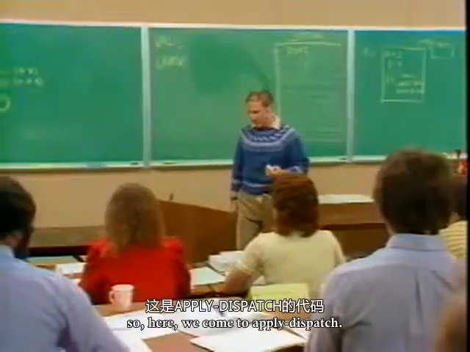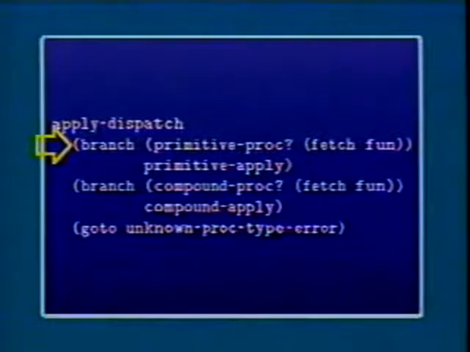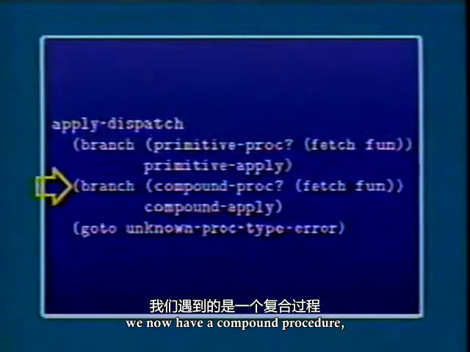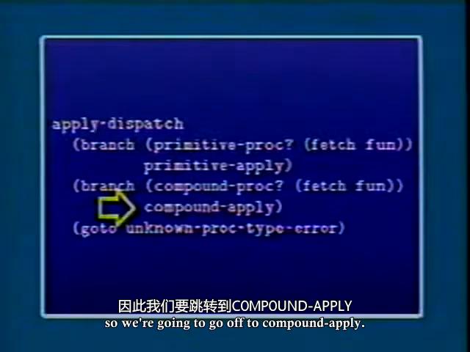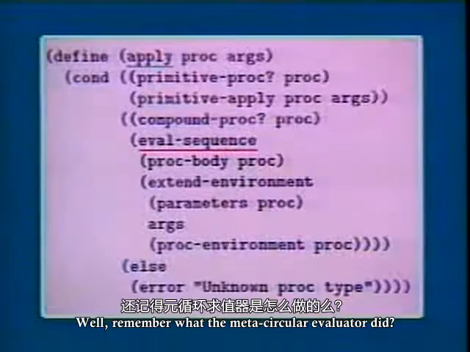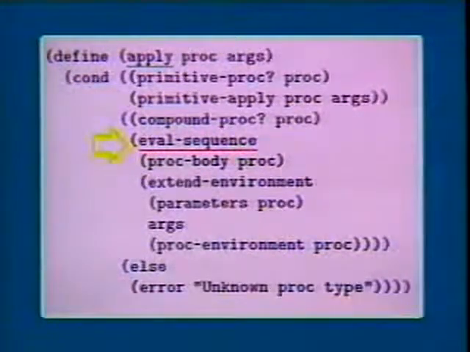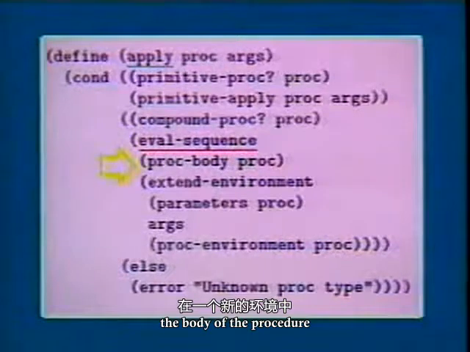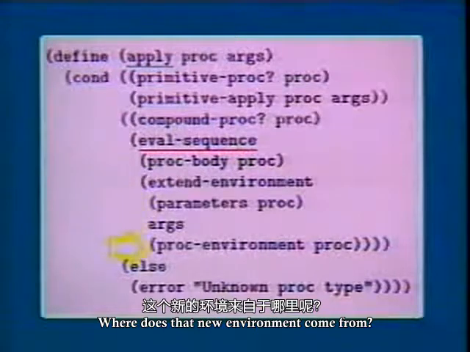Here we come to apply dispatch. Last time we branched off to a primitive procedure. Here it says, oh, we now have a compound procedure. So we're going to go off to compound apply. Now, what's compound apply? Well, remember what the metacircular evaluator did. Compound apply said we're going to evaluate the body of the procedure in some new environment. Where does that new environment come from?